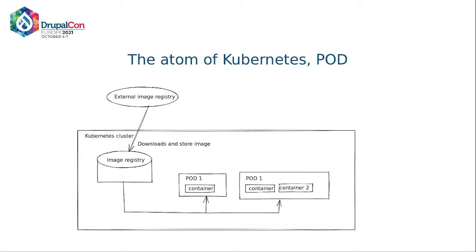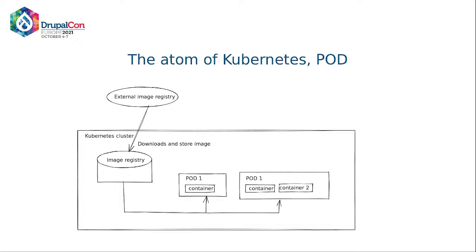So generally, like the atom, the most basic primitive in Kubernetes is the pod. A pod is an abstract object that includes one or more containers and some sort of configuration.